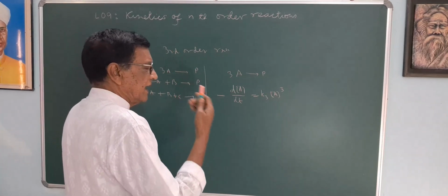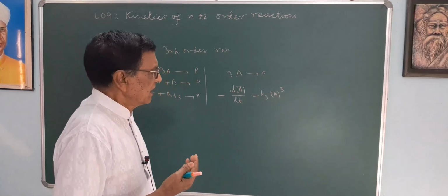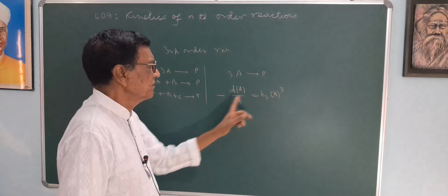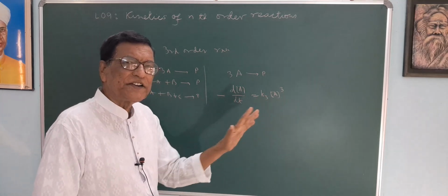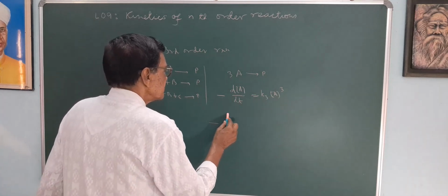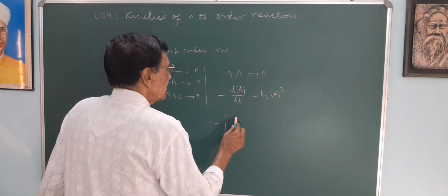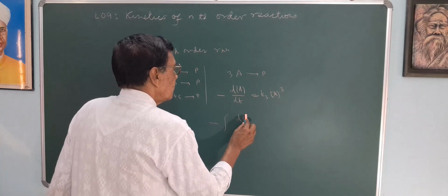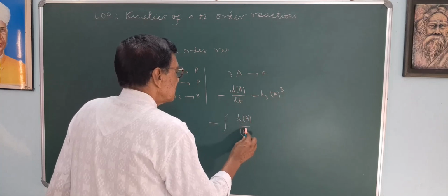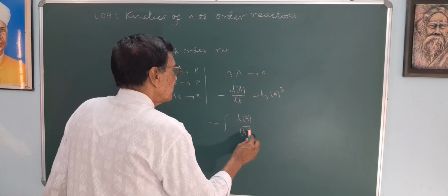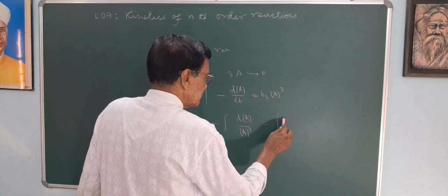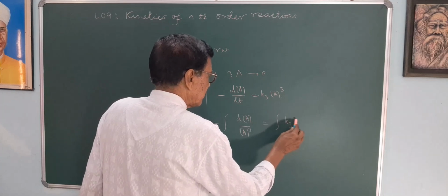So as before, I have separated the variables and integrated within limits. We have minus integral of d[A] divided by [A] cubed equal to integral of K3 dt.